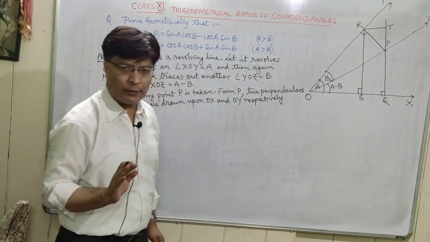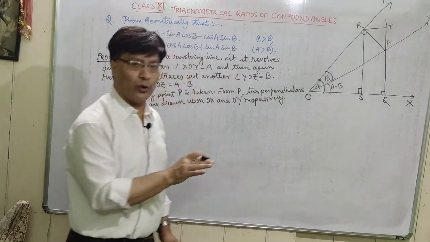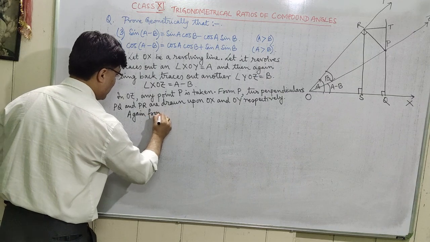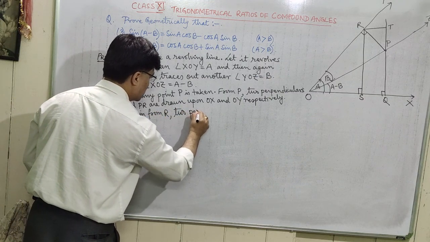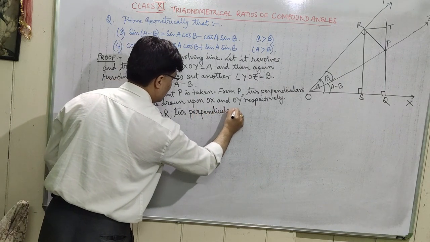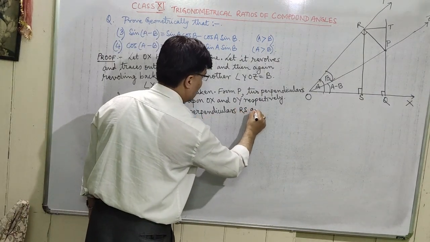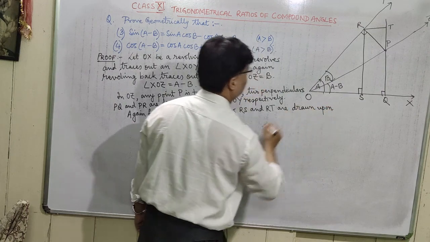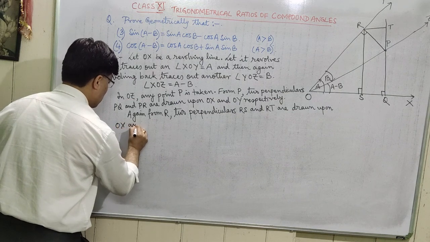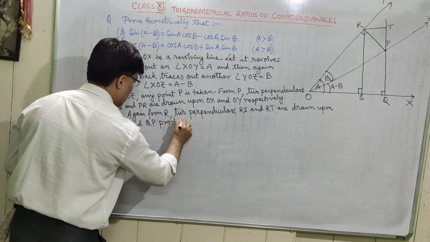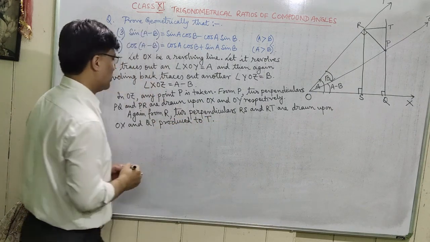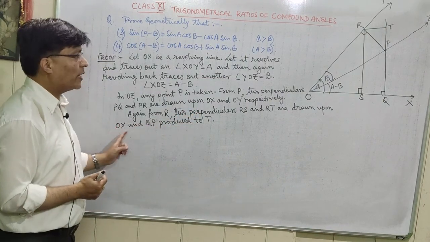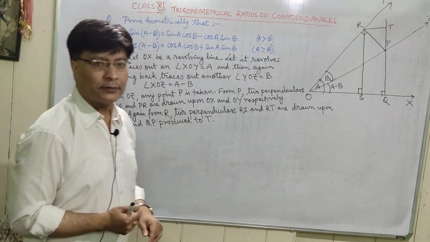Now again from R, two perpendiculars RS and RT are drawn upon OX and QP produced to the point T. So again from R, two perpendiculars RS and RT are drawn upon OX and QP produced to T. Is that clear?